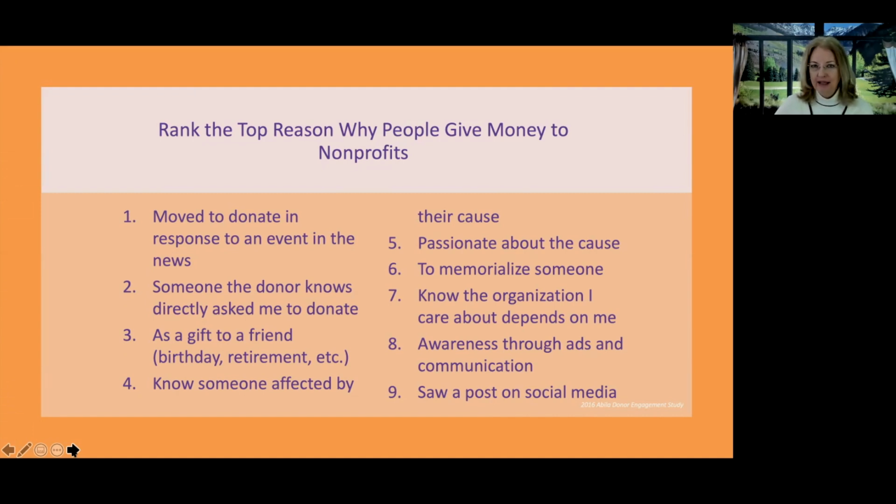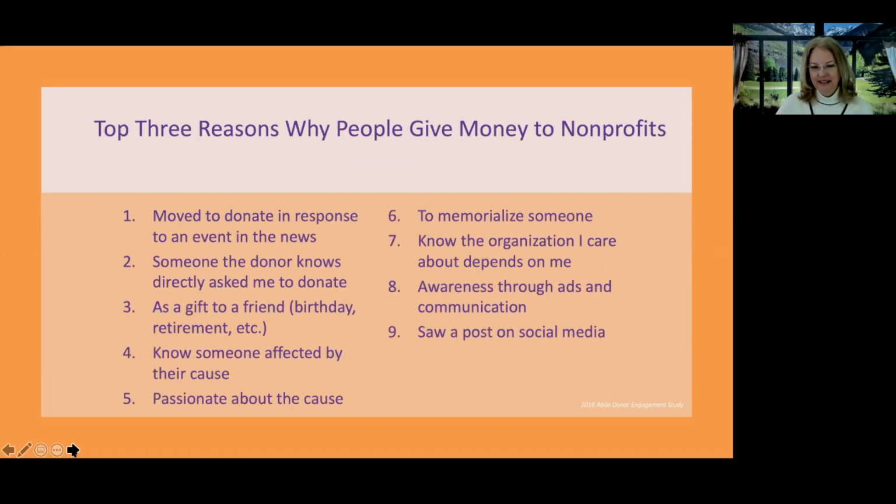They're passionate about the cause. It's to memorialize someone. They know the organization I care depends on me. There's an awareness through ads and communication. They saw a post on social media. Okay, so which one do you think is the top one? Think about it just a minute.